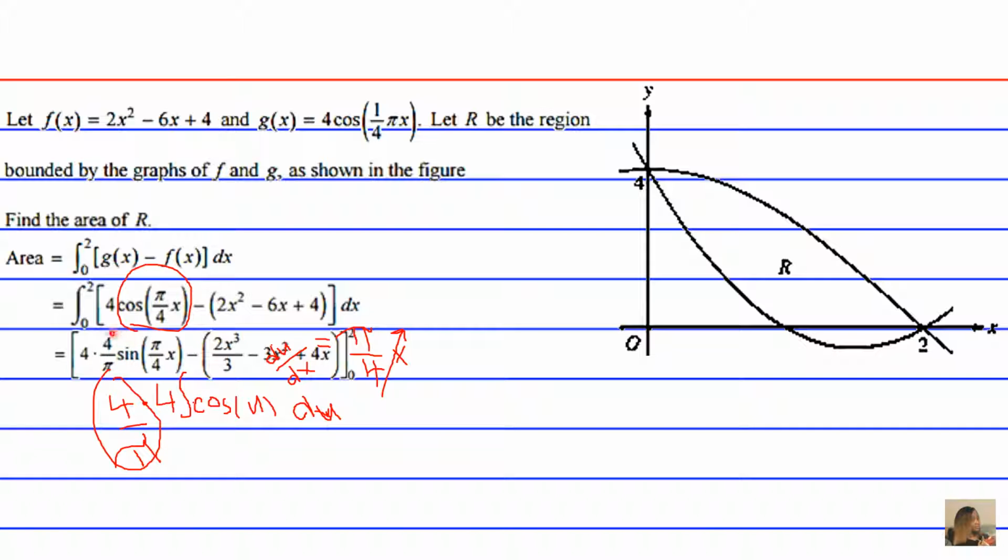So then we get 4 times our 4 over pi that we got from u substitution times the sine of pi over 4 x, because we're integrating the outer function, minus, in this case, we use x to the n plus 1 divided by n plus 1, where our n was 2, so n plus 1 is 3, divided by 3, minus 3x squared.